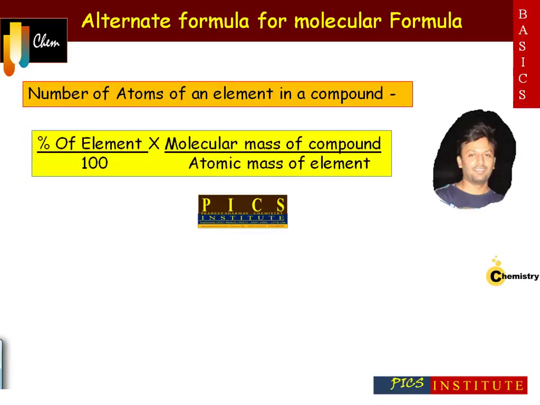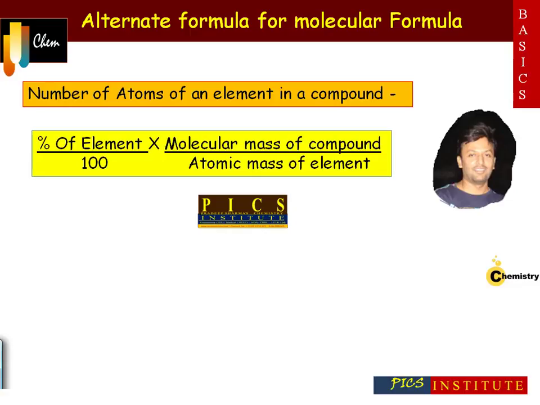The formula is percentage of element into molecular mass of compound divided by 100 and atomic mass of element. If we use this formula carefully, you'll get the answer easily, directly for molecular formula, without calculating empirical formula.